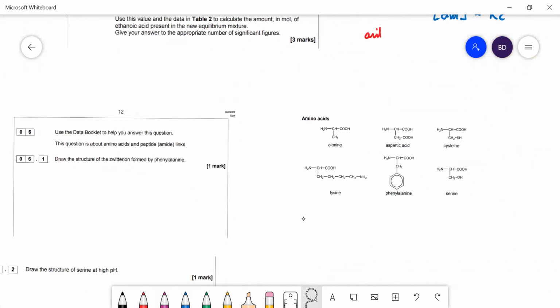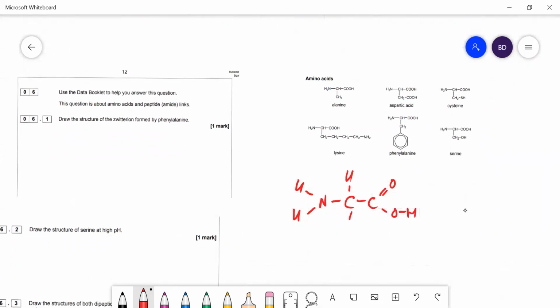So here's phenylalanine. There's the carboxylic acid group, there's the amine group, and the R group is CH2 and a benzene ring.